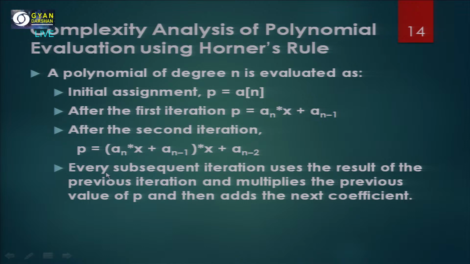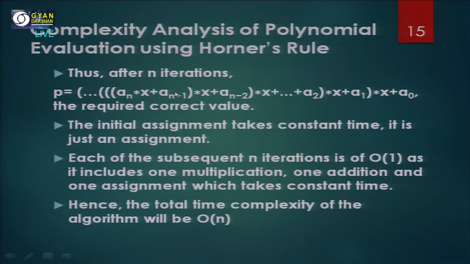So every subsequent iteration uses the result of the previous iteration: it takes the previous value of p, multiplies it by x, and then adds the next coefficient. So this is the way Horner's rule works.